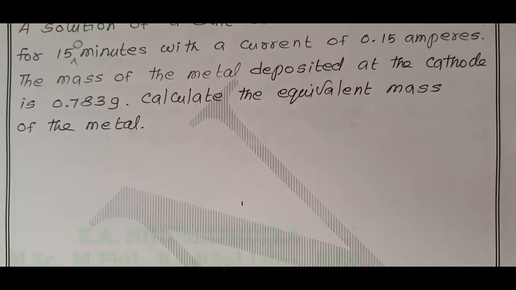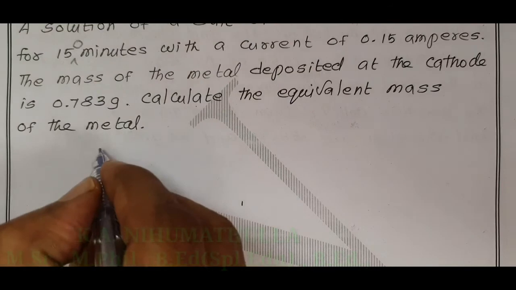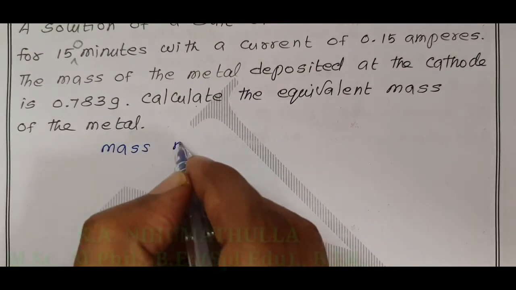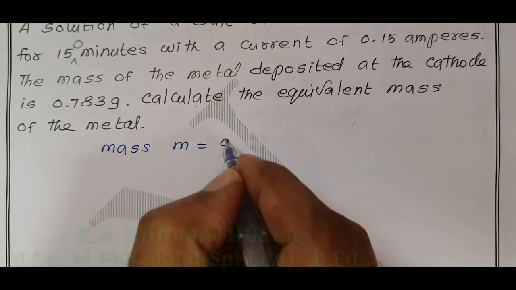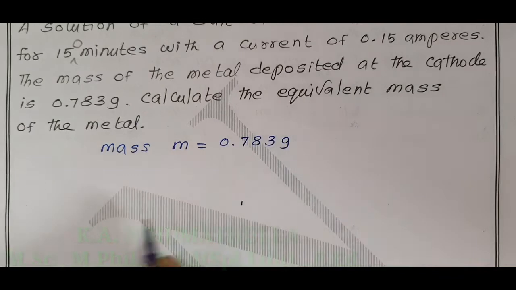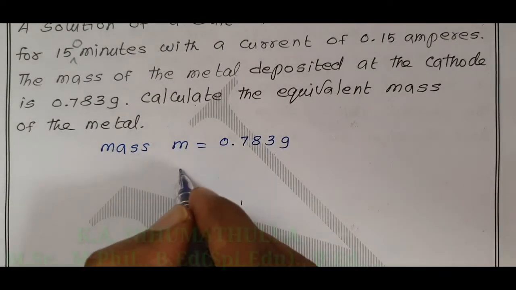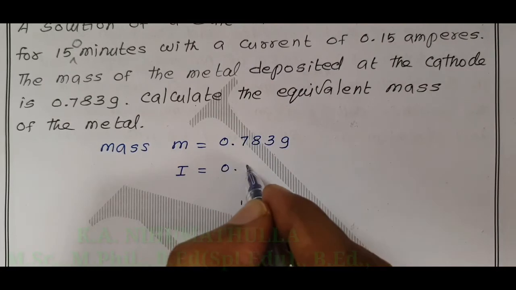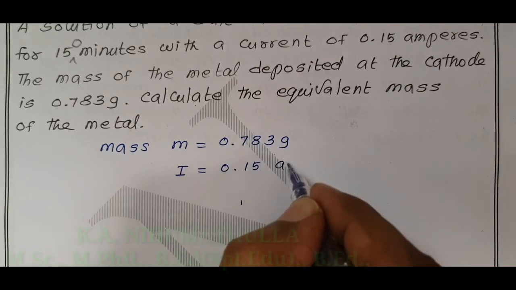As usual, first we have to write the given values. Mass of the metal is given, that is 0.783 gram. Strength of the current I is also given, 0.15 ampere.